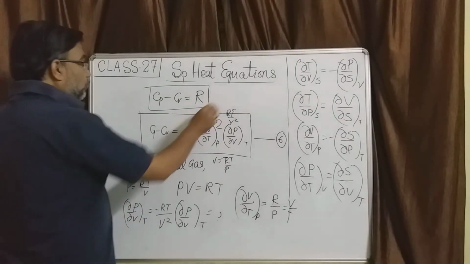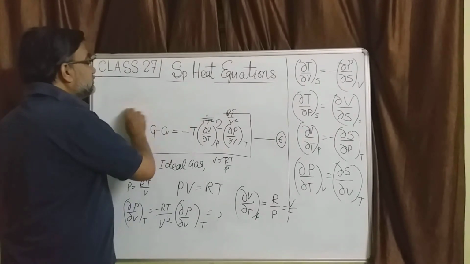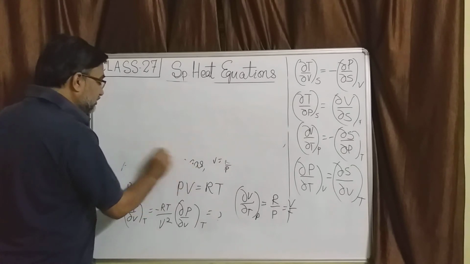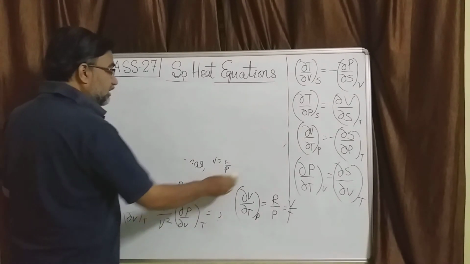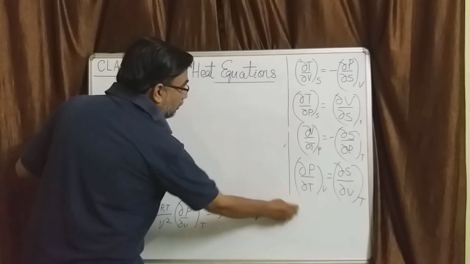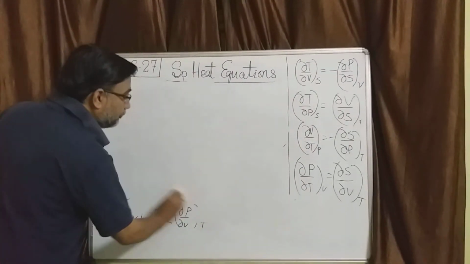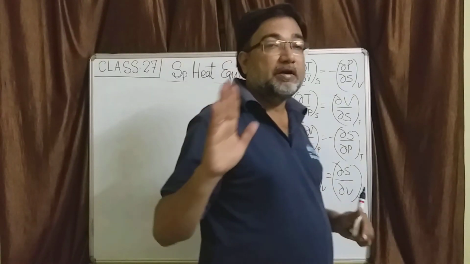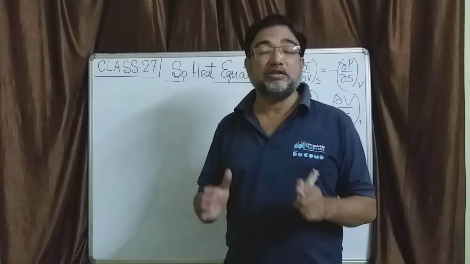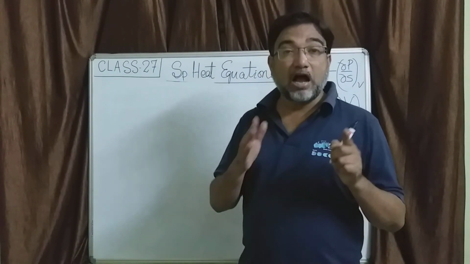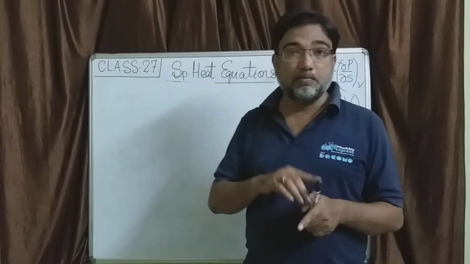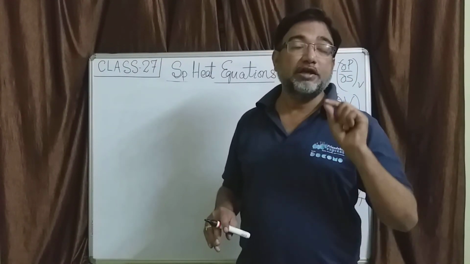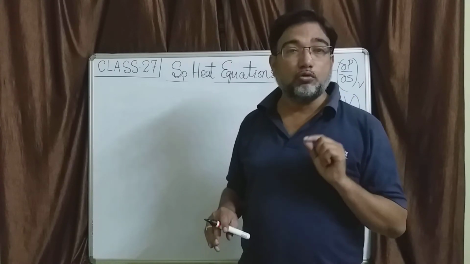So we have been knowing since many years that Cp is greater than Cv. That is one statement very frequently used and known by all. Cp minus Cv is greater than 0 and Cp minus Cv is equal to R. But today we have mathematically established how Cp minus Cv is a positive quantity and how Cp minus Cv is R. But remember, what we derived is for an ideal gas which obeys the equation PV is equal to RT.